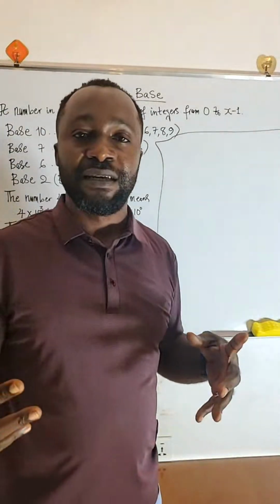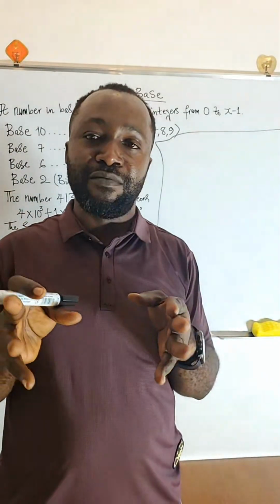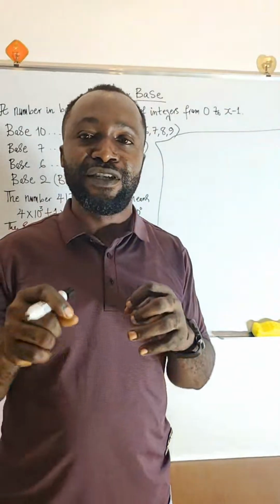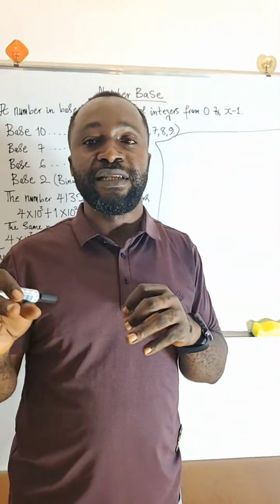Let's see how we are going to express the number 572.43 in base 10.